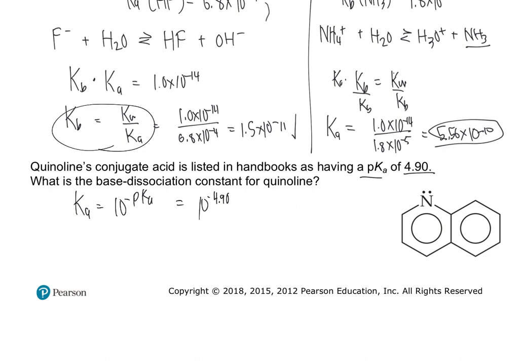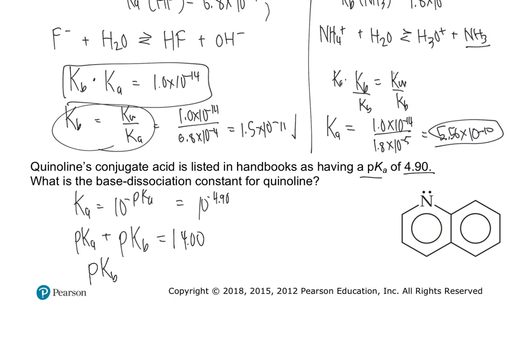Or you could use the fact that if I took the negative log of this expression right here, I get pKa plus pKb equals 14. So pKb for quinoline's conjugate base is 14 minus 4.9, which is 9.10. And then Kb equals 10 to the negative 9.1, which equals 7.9 times 10 to the negative 10.